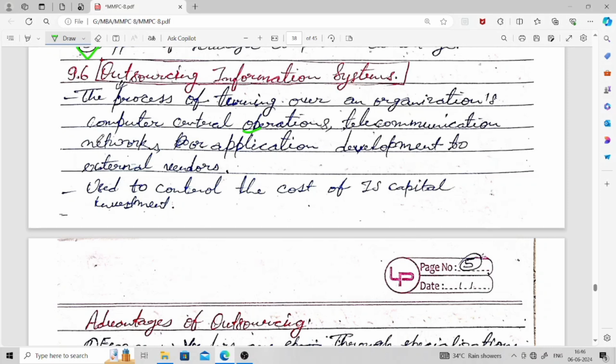So that's why many organizations try to outsource the information system so that the cost can be reduced, and the outsourcing is done to those organizations which are specialists in this field, and who provide such kind of services to others.